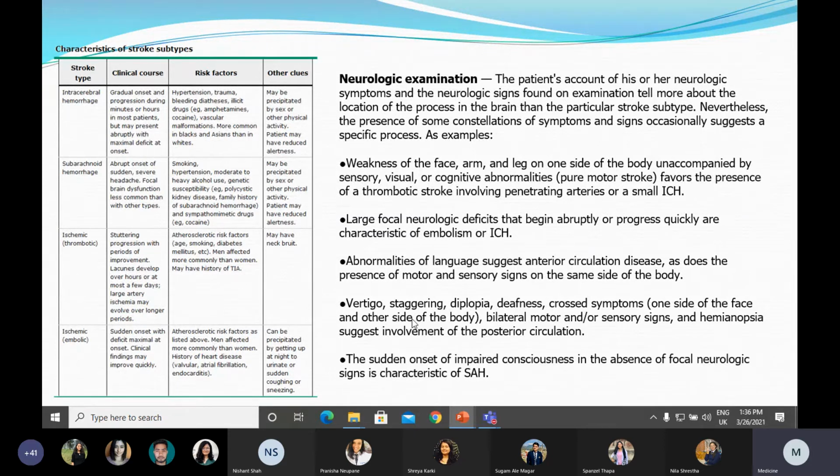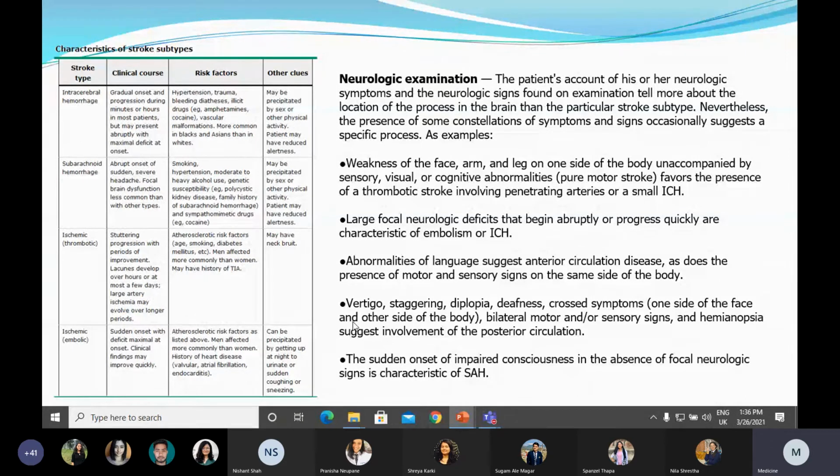If you have vertigo, diplopia, deafness, cross symptoms, that means the patient has weakness of the left seventh cranial nerve and weakness of the right hand or right leg, we call that cross symptoms.